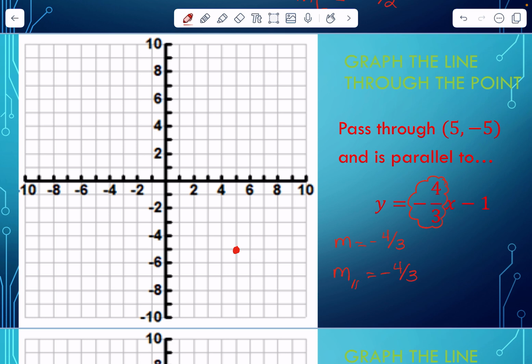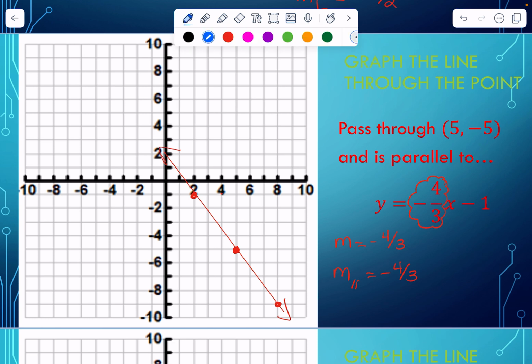It has to be equal. So my slope would also be -4/3. So when we look to graph it now, I would either go down 4, 1, 2, 3, 4, right 3, or I would go up 4, 1, 2, 3, 4, left 3. And here is the line that is parallel to the given line going through the point 5, -5.